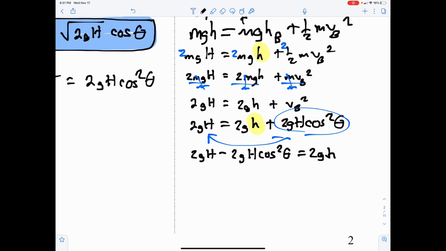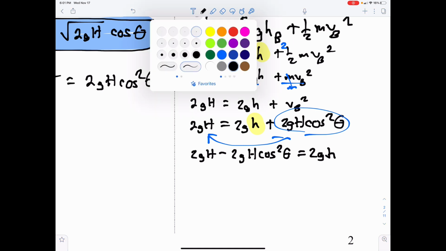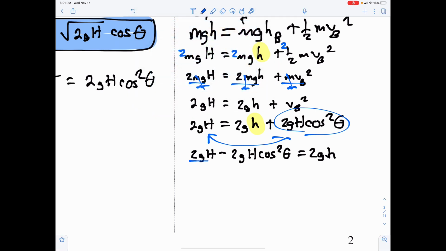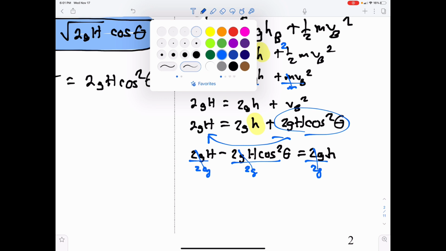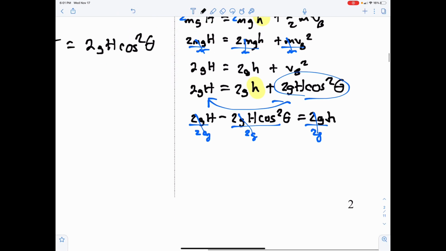You'll notice that 2g is common to everything, right? So I'm going to divide out a 2g from all three terms and pare down this equation a little bit, make it easier to solve. And then I'm going to factor out an H term here. So if I do that, I get H times the quantity of 1 minus cosine squared theta equals little h.